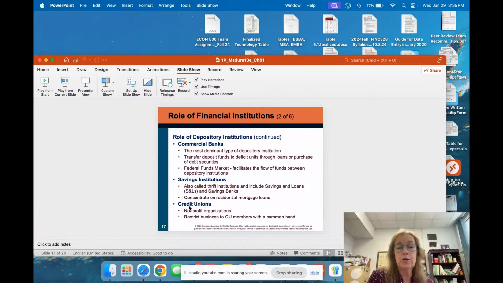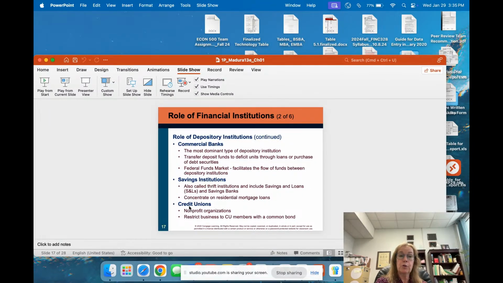And credit unions are a really good deal. I would recommend joining a credit union if you're able to belong to one. You have to be a member of some specific group, like having been in the military. You can join Navy Federal, or if you have relatives, parents, grandparents, or spouse in the military. It's usually people who work for government agencies that can join various credit unions, firemen, policemen.